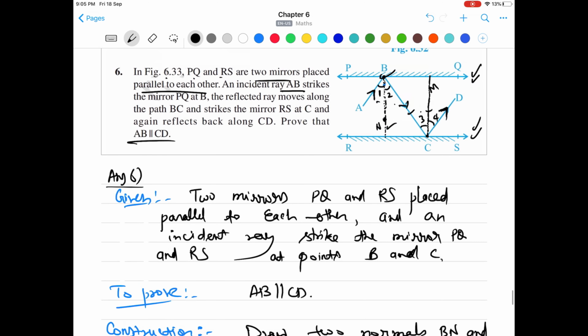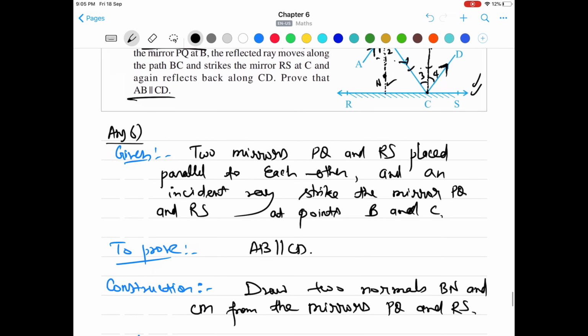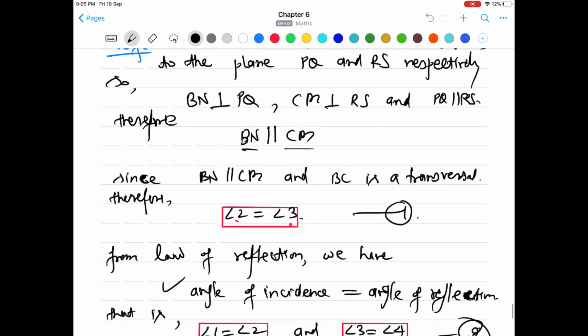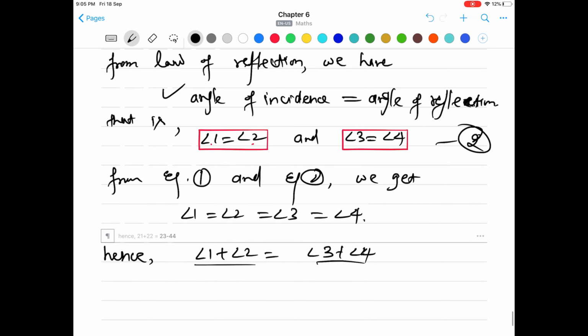Hence, if we add angle 1 and angle 2, their sum has to be equal to the sum of angle 3 and angle 4, because they are equal, their sum will also be equal.